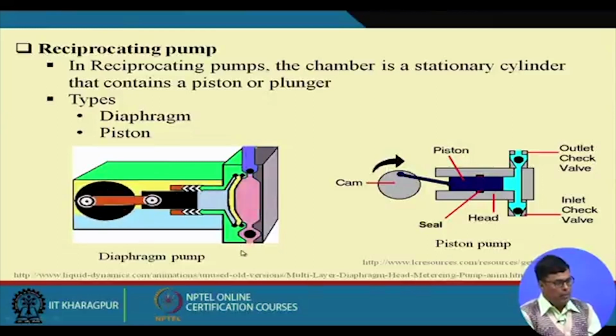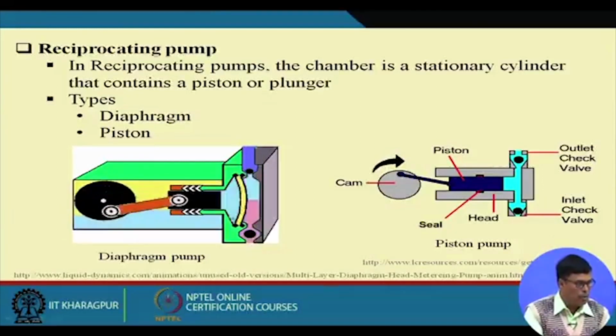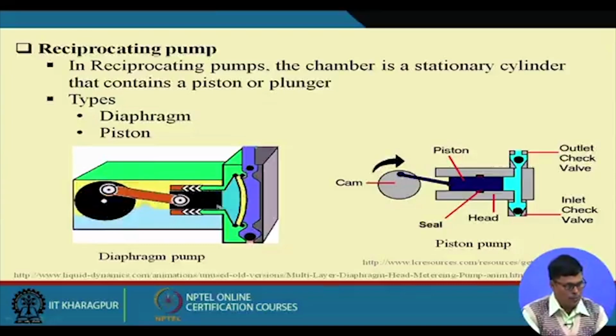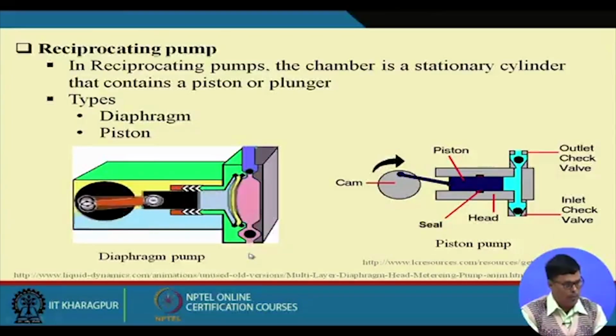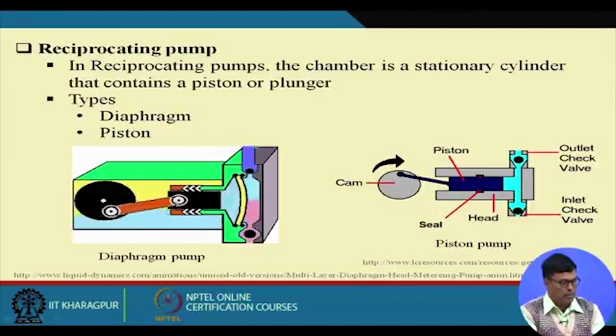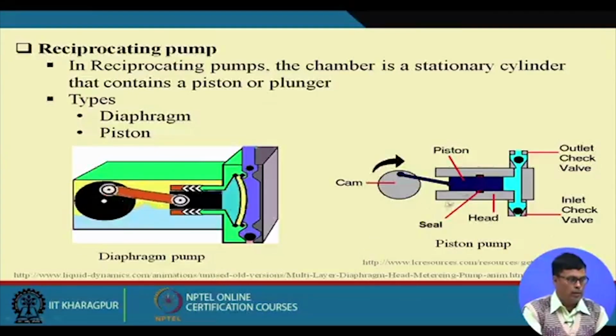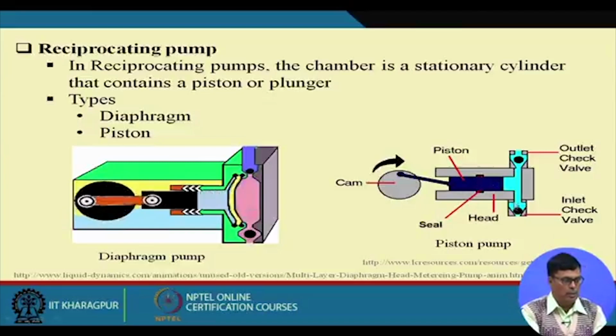The beauty of this is that your liquid will not come in direct contact with the pump. It is just with the membrane, the diaphragm, which is not directly connected with the outside of the piston and other parts. This is how it looks. Liquid flows like this.